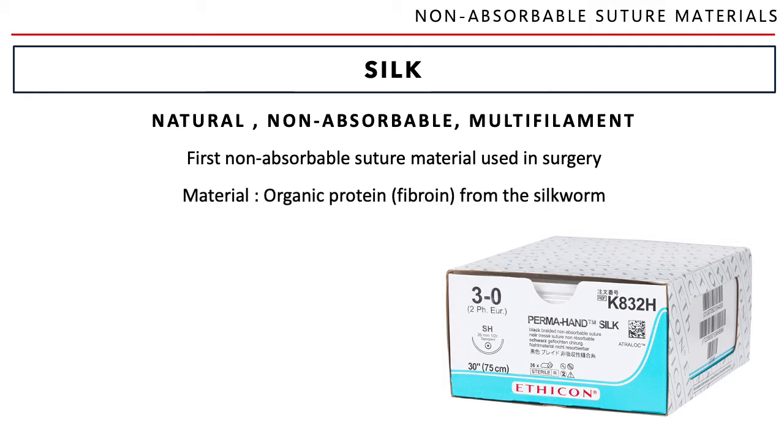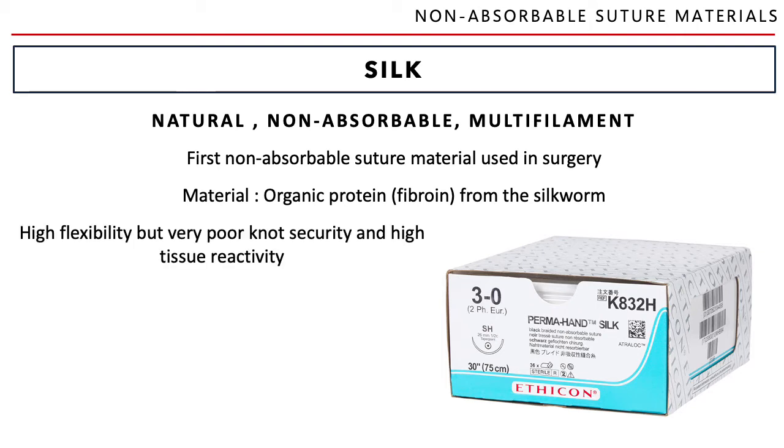It is organic in nature, from the silkworm, the protein fibroin. It is highly flexible, but it has very poor knot security, which you will experience when you practice your sutures in the laboratory. Whenever you make knots, you could easily undo those knots. And it has high tissue reactivity because it is of natural source.